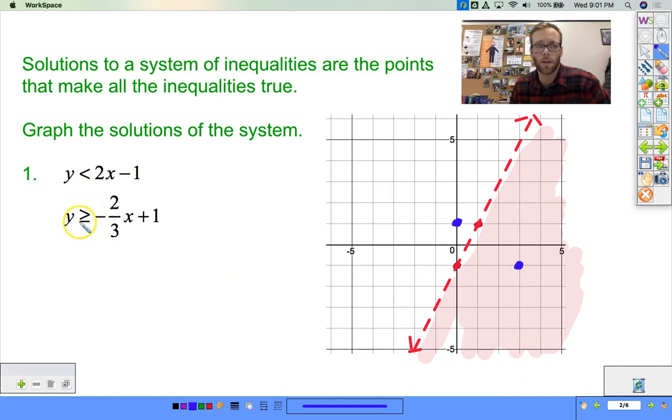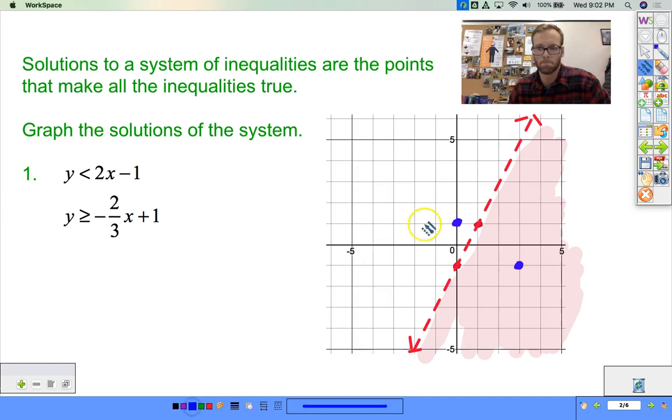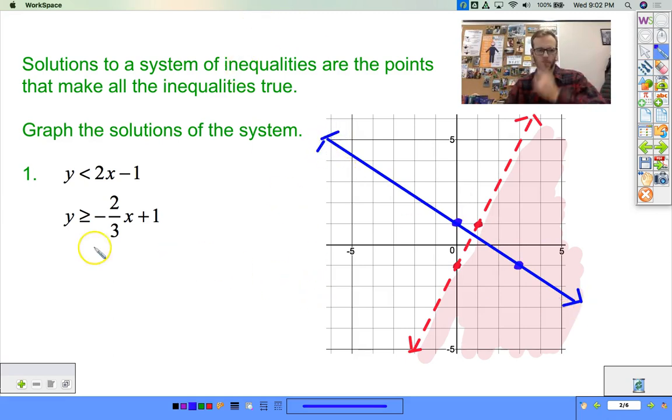Well, this is greater than or equal to. The or equal to tells us we need a solid line. Now, where are the y values that are greater than the points on that line? Now we're shading above, aren't we?